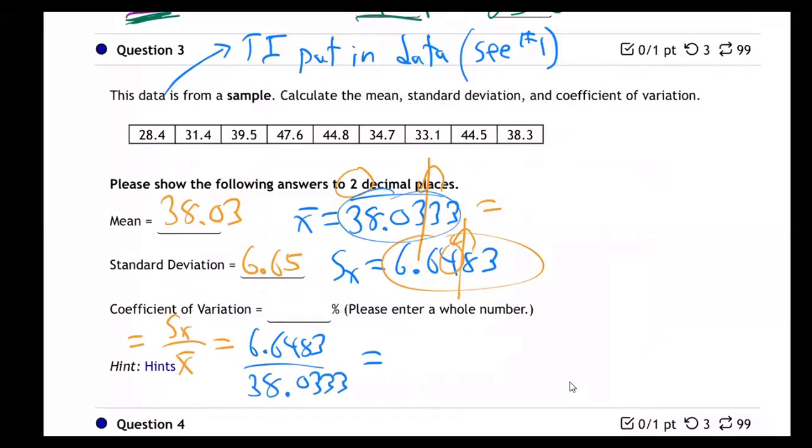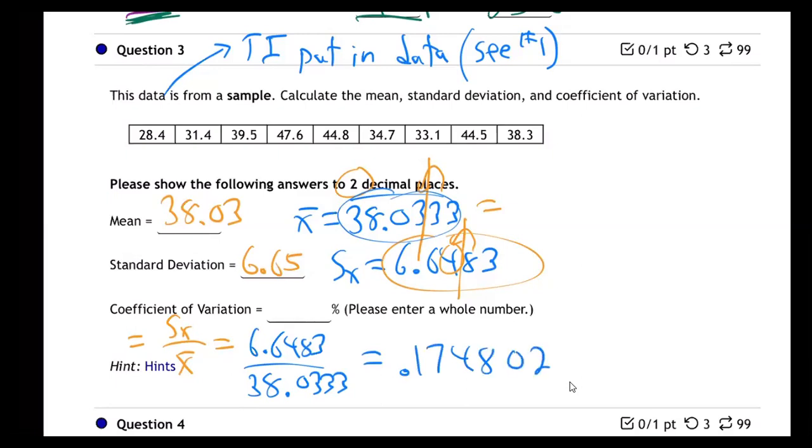So just divide those on your calculator. I'm doing that right now with my calculator, and I'm getting 0.174802, and so on.